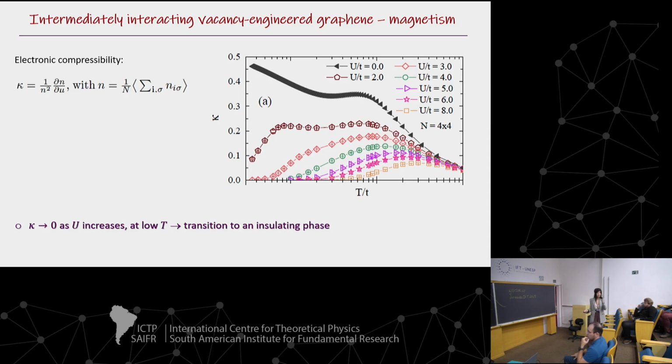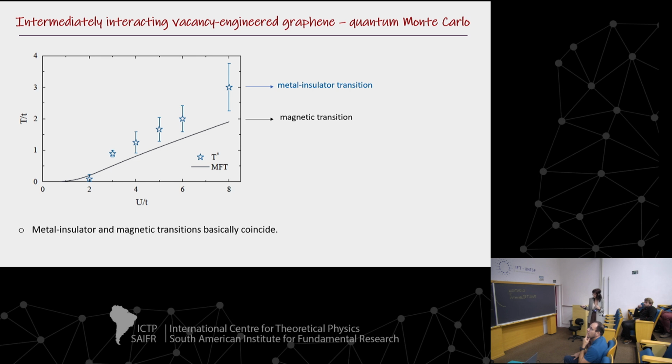So your semimetal is becoming more of an insulating type of phase. And putting the results for magnetization in this temperature, electron-electron interaction plane, the magnetic transition and the metal-insulator transition, you see that they roughly coincide.